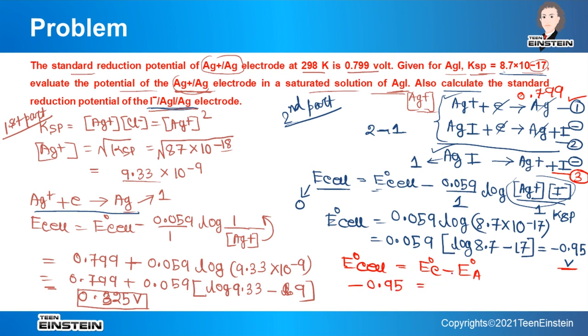And you also know the value of that E naught. So this E naught cell we can write as E naught of I minus AgI Ag, basically this one, minus E naught of Ag plus Ag. So this value we have to find out.